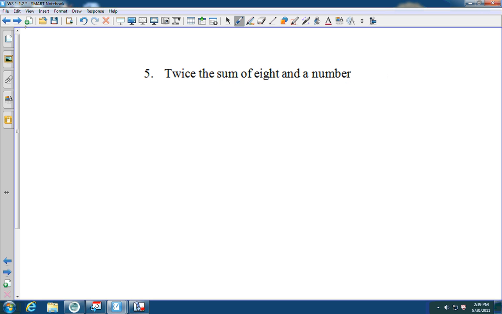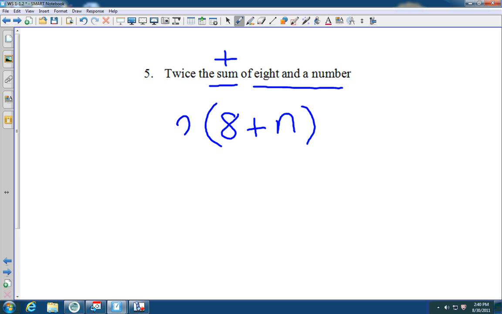Next one. You can pause the video, come back and see how you do. Twice the sum of 8 and a number. Sum means addition, so we're going to have 8 plus a number. Now when you talk about twice something, you're taking all of this times 2.